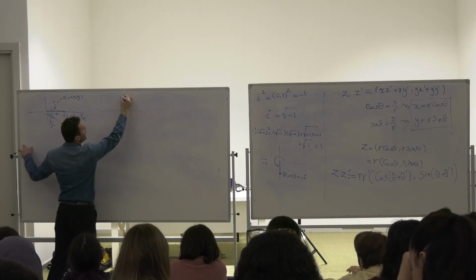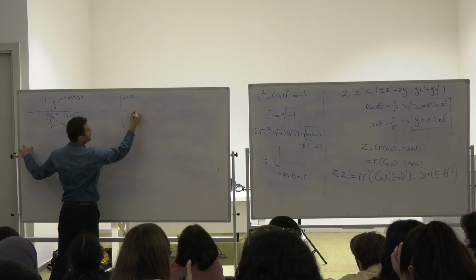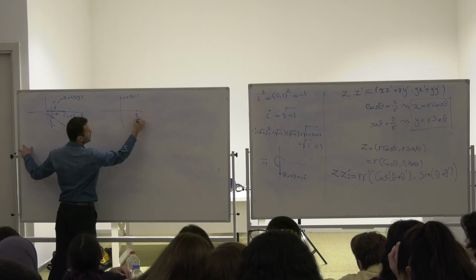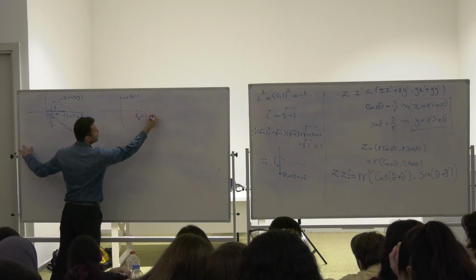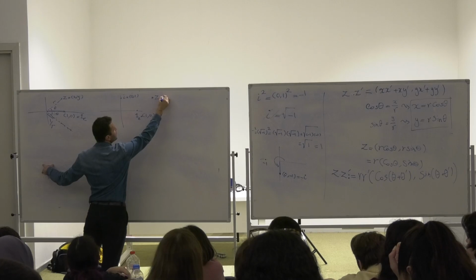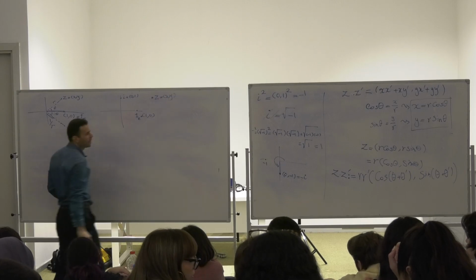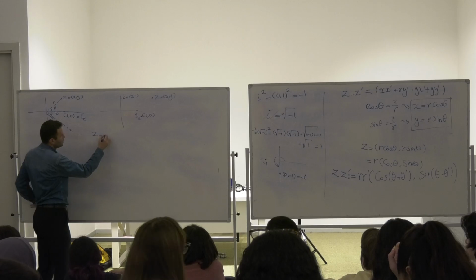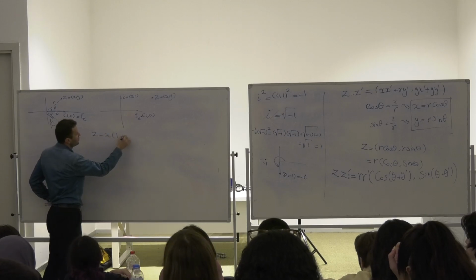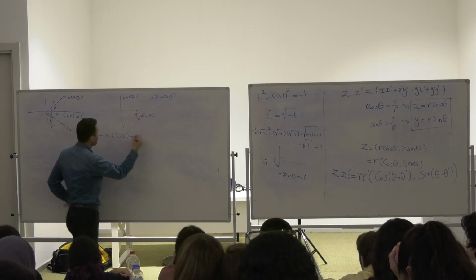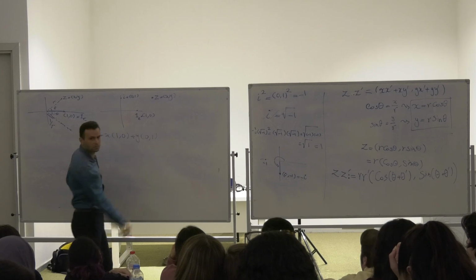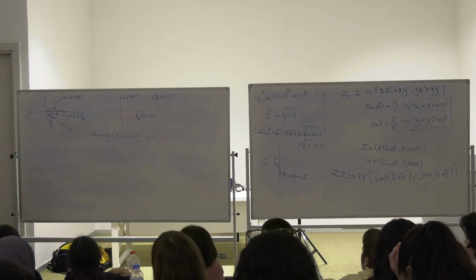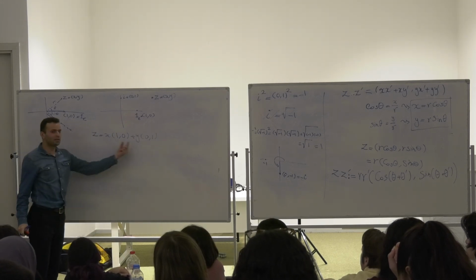If this is our i, which is 0, 1, if this is our 1, which is 1, 0, and if I take any other complex number, can I represent this as x times 1, 0 plus y times 0, 1? From linear algebra.